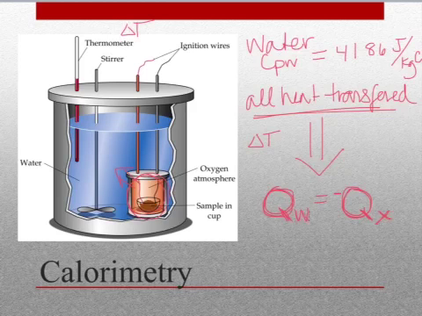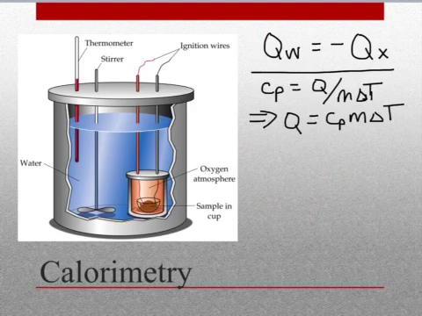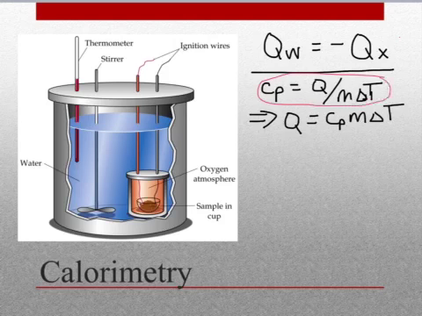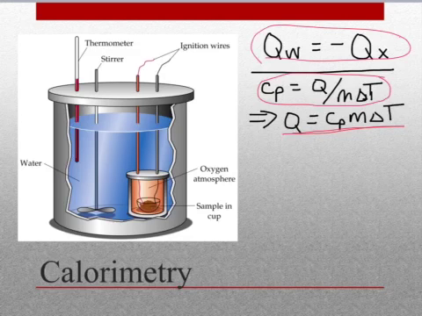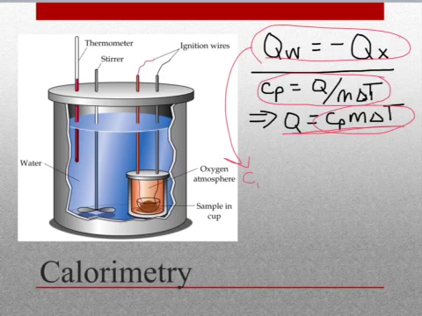So now using this, we can take this equation and using our equation for specific heat capacity, rewriting it this way in terms of Q, we can set it up so that if QW equals negative QX, we can rewrite it plugging these in so that we have CPW, our specific heat capacity of water, the mass of the water, and the change in temperature of the water will equal the negative, and I'm going to run out of room here, so I'm going to write this down below.